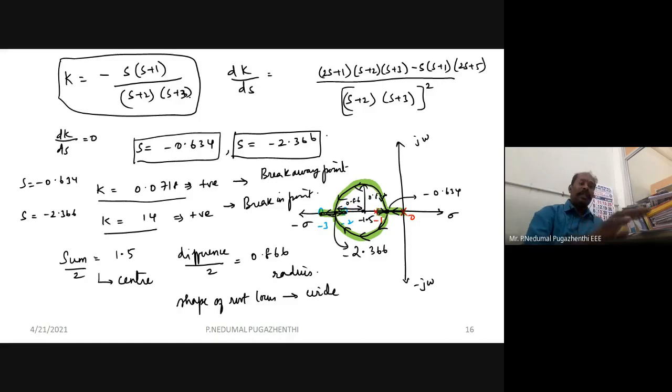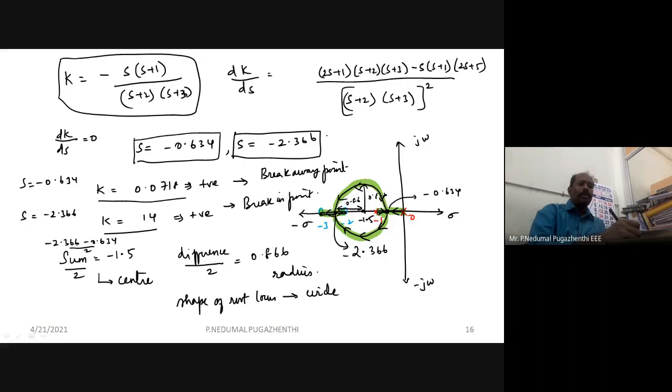Now, for this case, the shape of the root locus will be a circle. To find the radius and center of the circle, you can take the sum of these two points divided by 2, and the difference of these two points. The sum here is nothing but minus 2.366 minus 0.634 divided by 2, which is going to be minus 1.5.